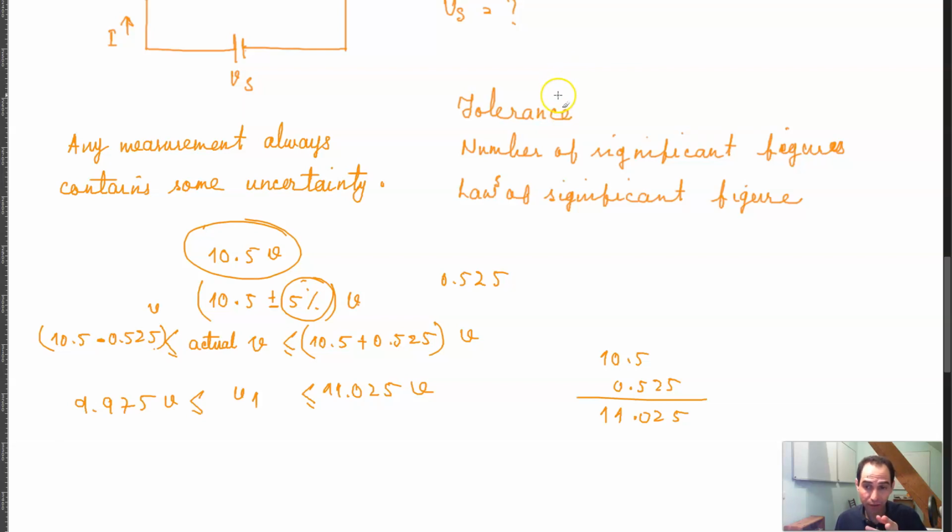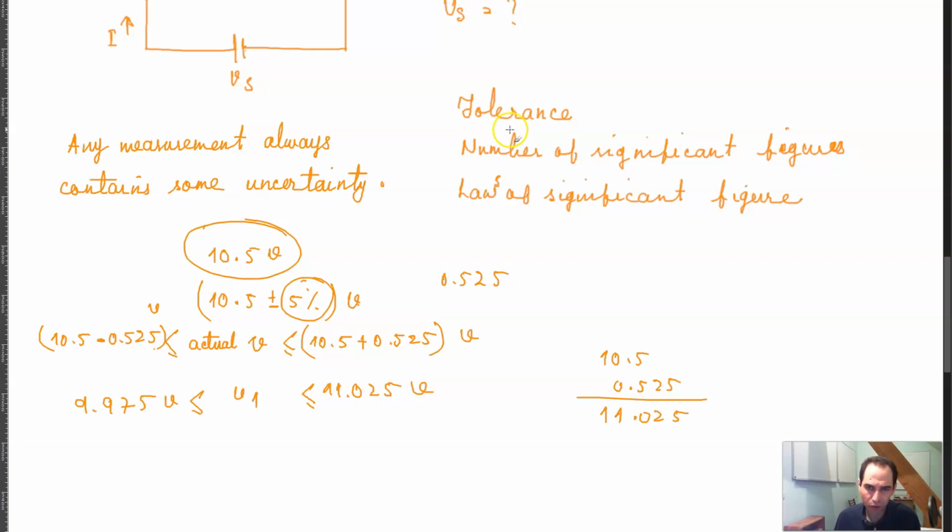The same thing applies to a resistor, for example. You have seen that a resistor has a tolerance of 2%, 5%, 1%, and so on.